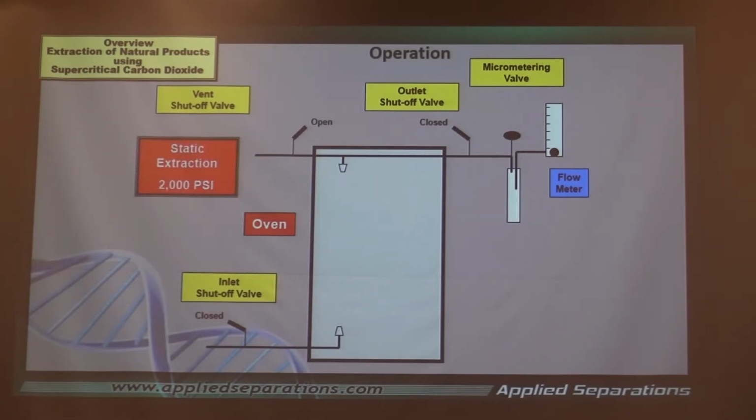And that's really what we're doing here. So we start with a static extraction, and on a laboratory basis, a couple of years ago, we had a requirement from the National Cancer Institute in the US. We had a contract to do, and I can't remember the exact number, something like 5,000 or 10,000 different samples.